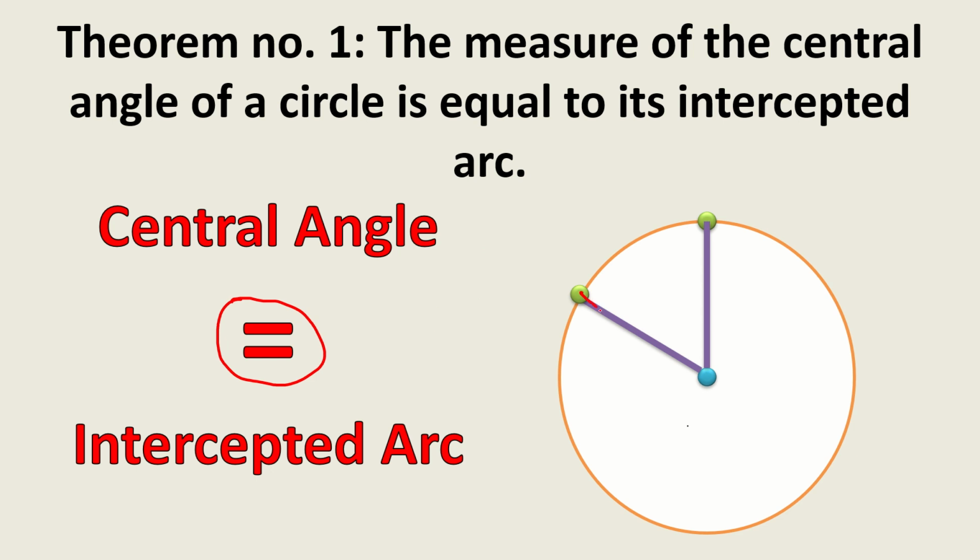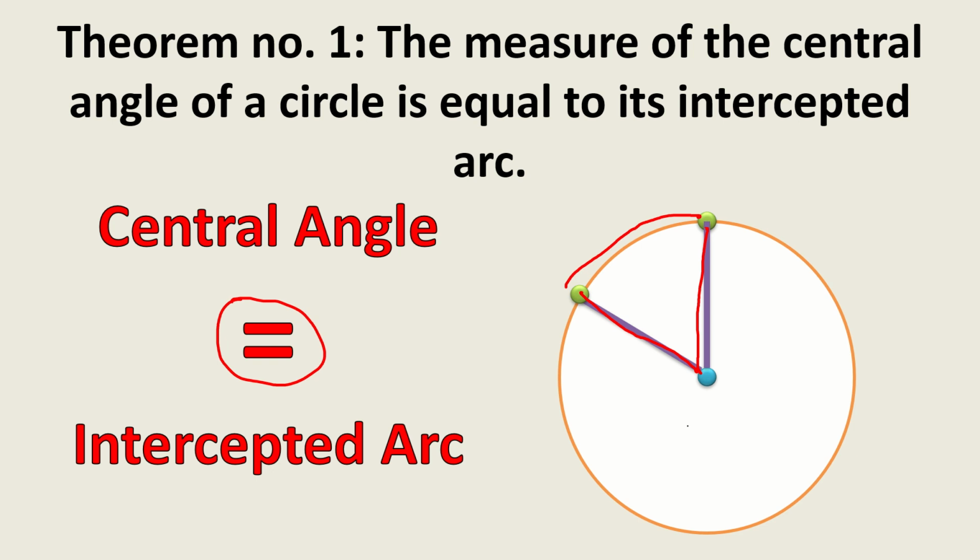So if this is our central angle, kung iisipin nyo para siya yung slice ng pizza, di ba? Yung mismong gilid na yun ng pizza, yun yung radius. Then, pag sinabing intercepted arc, is yung arc na nasakop ng dalawang dulo ng central angle. So, ano yung intercepted arc nitong angle na to? Ito pong arc na to. Again, ang arc is just a part of the circumference of the circle.